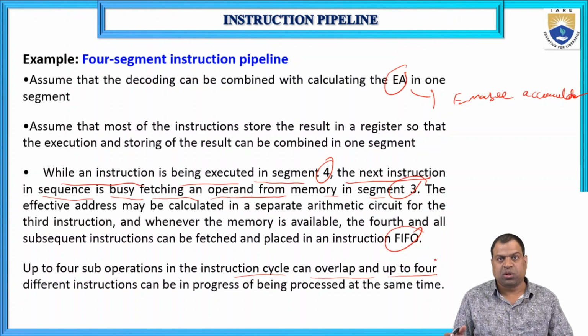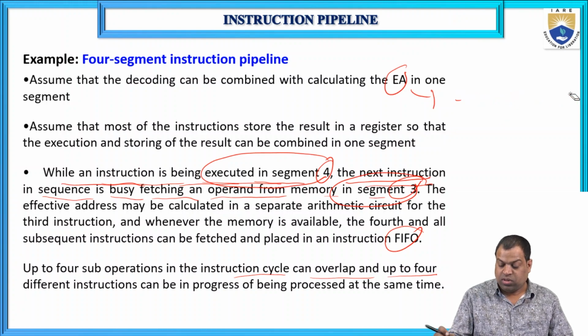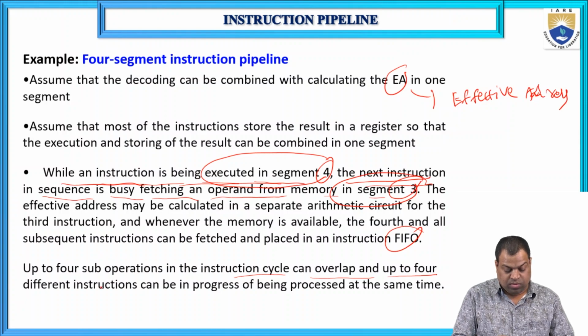So when I'm going with the 4 segment operation, what does the first segment mean? Fetching. Second one, decoding. When an instruction is being executed in segment 4, the next instruction is busy with fetching of operand from memory in segment 3.